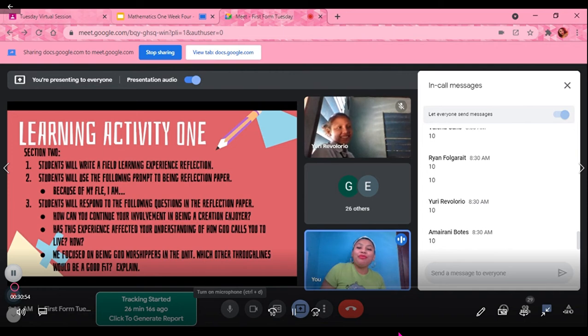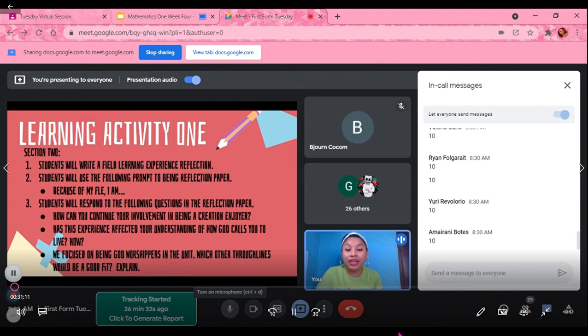So you will write what is called a field learning experience reflection. It's a complicated name for something very simple. So this entire weeks that have passed, we have been talking about number patterns in creation. We have been talking about creation, fall, redemption, restoration.